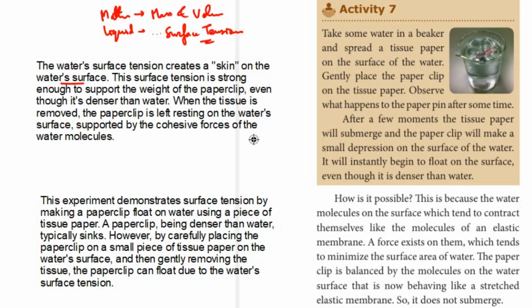If this is your water surface and this is the paper clip above it, the weight of the paper clip is acting down, but because of the tension in the water molecules, because of this water surface tension, there is a cohesive force on the molecules, and they are able to resist the weight of the paper pin.